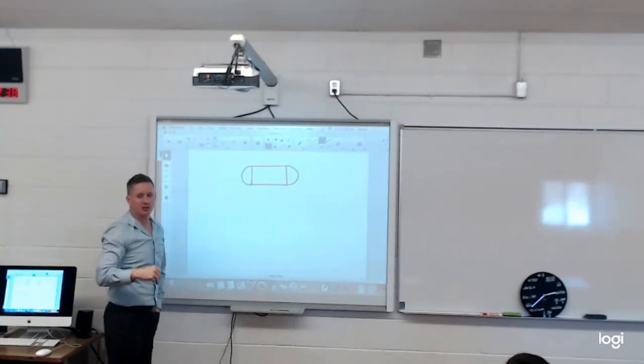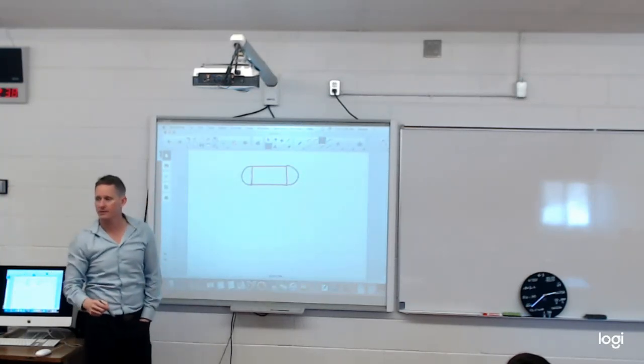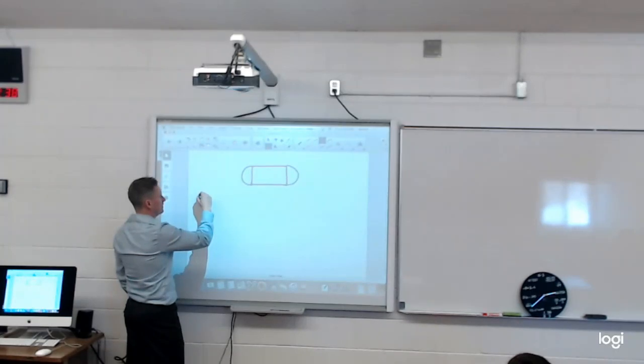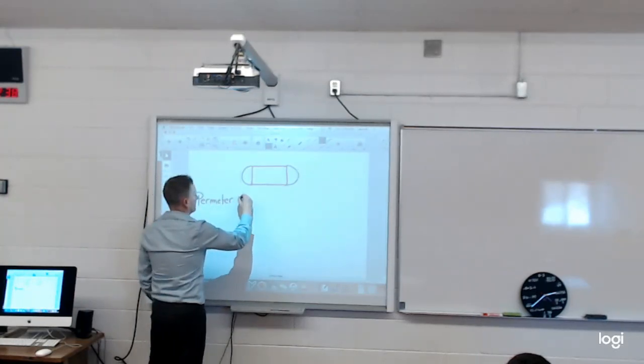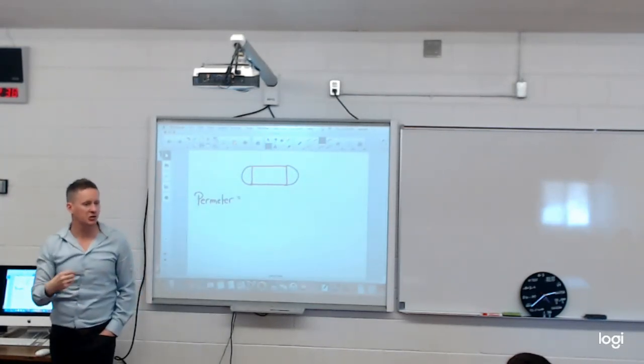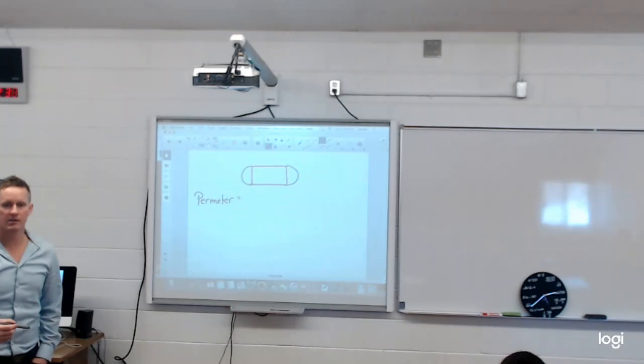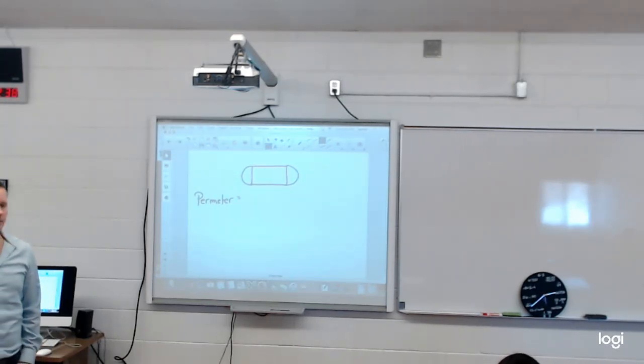So I'm going to concentrate on the inside of the track first. All right? So the inside of the track, I'm going to look at my perimeter then. And do we know how to find the perimeter of a circle? I told somebody the other day, what is it? No, that's pi times diameter.